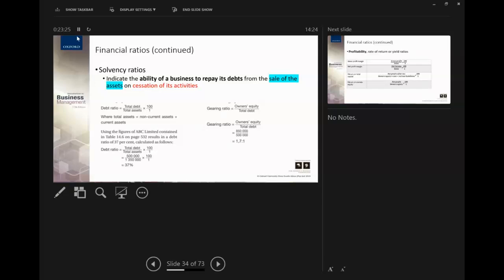And solvency ratio, we're basically saying what is the business's ability to meet its long-term debt. Okay. So there you can see you've got your debt ratio, which is your total debt divided by your assets. Okay. The higher these ratios are, let me say the debt ratio, the higher the debt ratio is, the more leverage, in other words, the more money we have borrowed to fund the business's assets, which means that in hard economic times, this business is very risky.